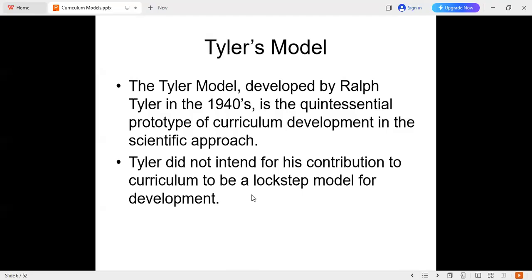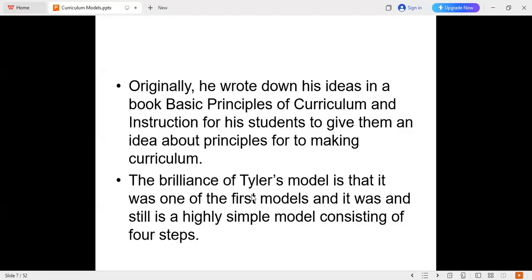This is the model we used in Sri Lankan schools. Taylor did not intend his contribution to curriculum to be a lock-step model for development. It is very simple, and we can easily get the idea. We can study what Taylor is actually trying to tell us.